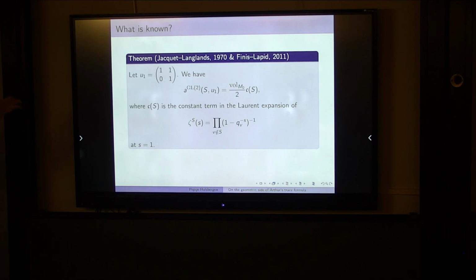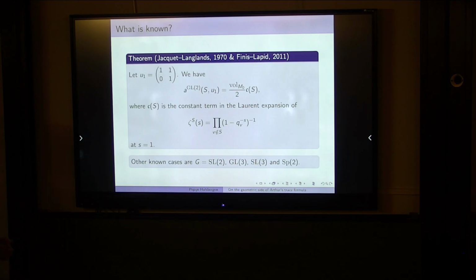Once again, S is just a fixed finite set of primes, and later in 2011, Venus and Lapid proved it once more using the non-invariant trace formula. And not only for GL2, but also for SL2 and GL3, later in the PhD thesis of one of the students of Venus, Jasmine Matz, we know what these coefficients are in these cases as well.